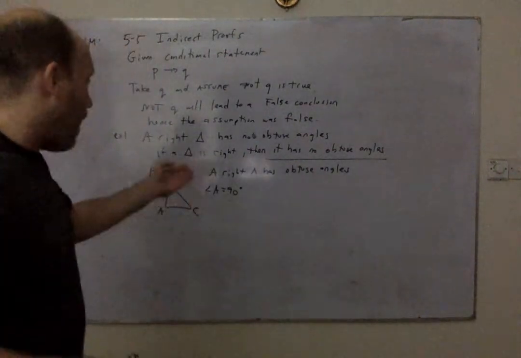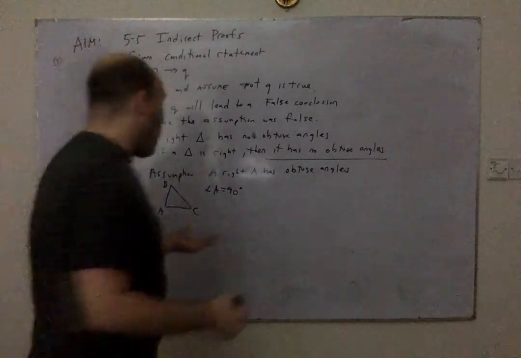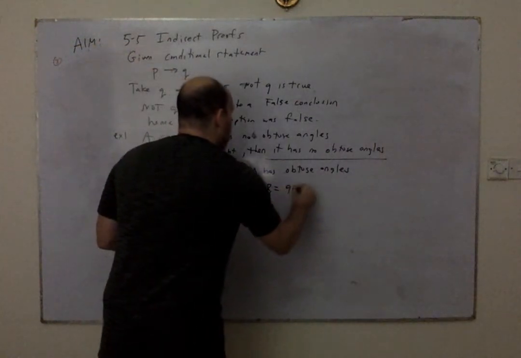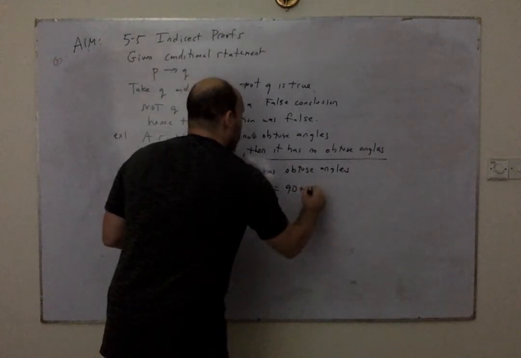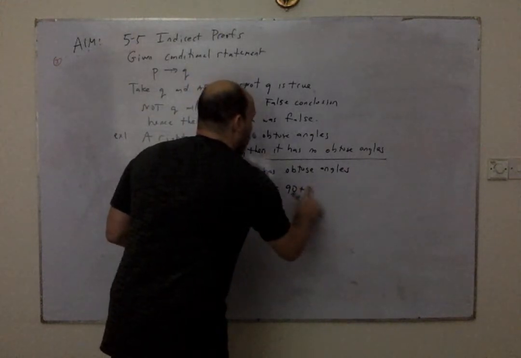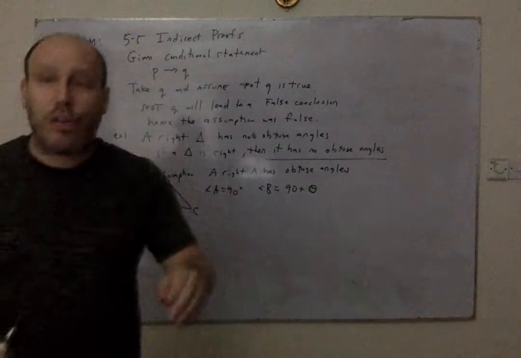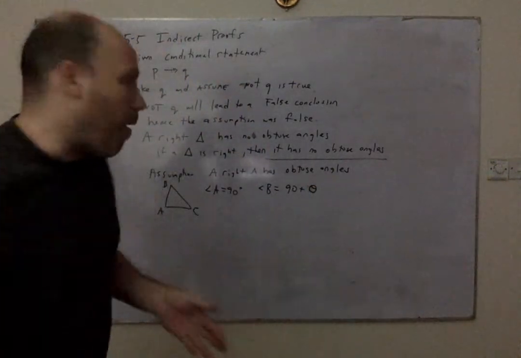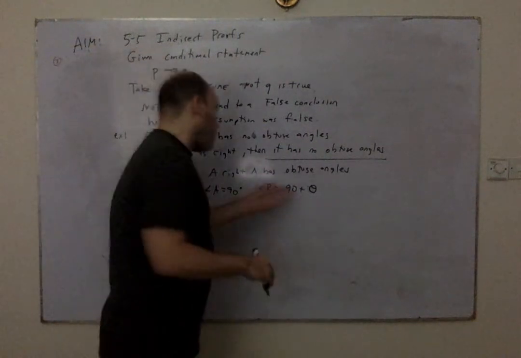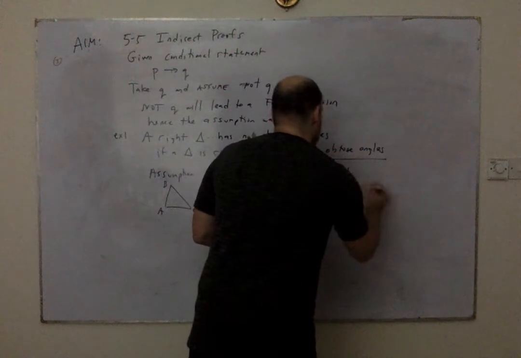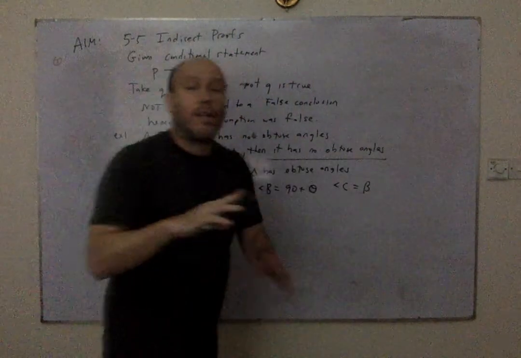So angle A is 90, and let's say that angle B is 90 plus some other angle. Let's call that theta. So it's greater than 90, and theta is going to be positive. And what should we call C? Let's call C beta, another random angle.